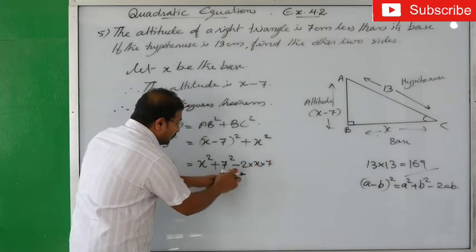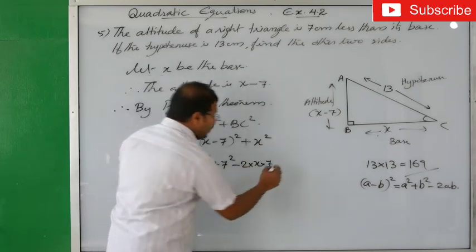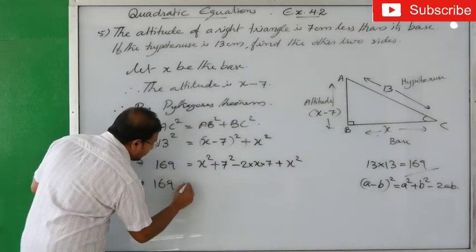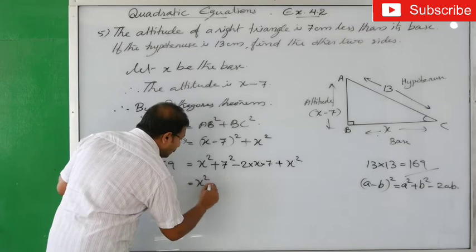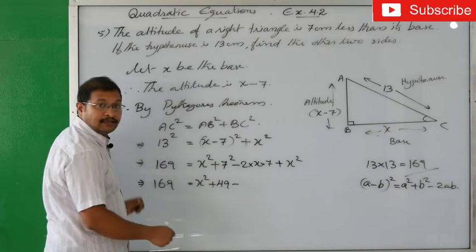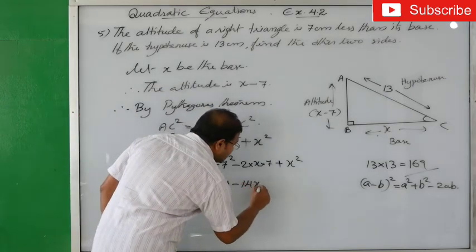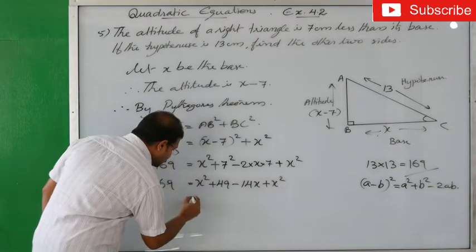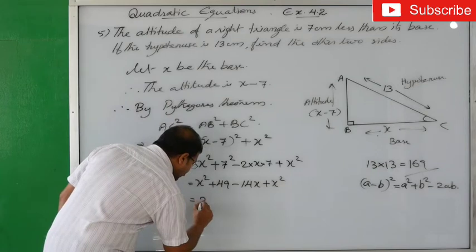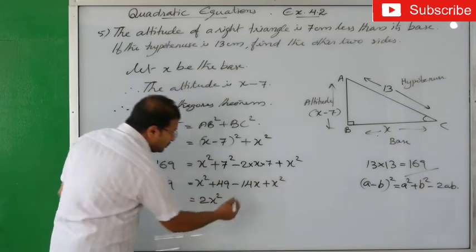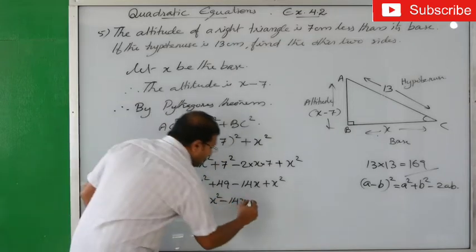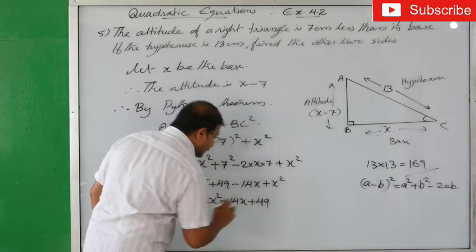That implies 169 equals x square plus 7 square, which is 49, minus 7 twos are 14x, plus x square, equals x square plus x square, 2x square, minus 14x, plus 49.